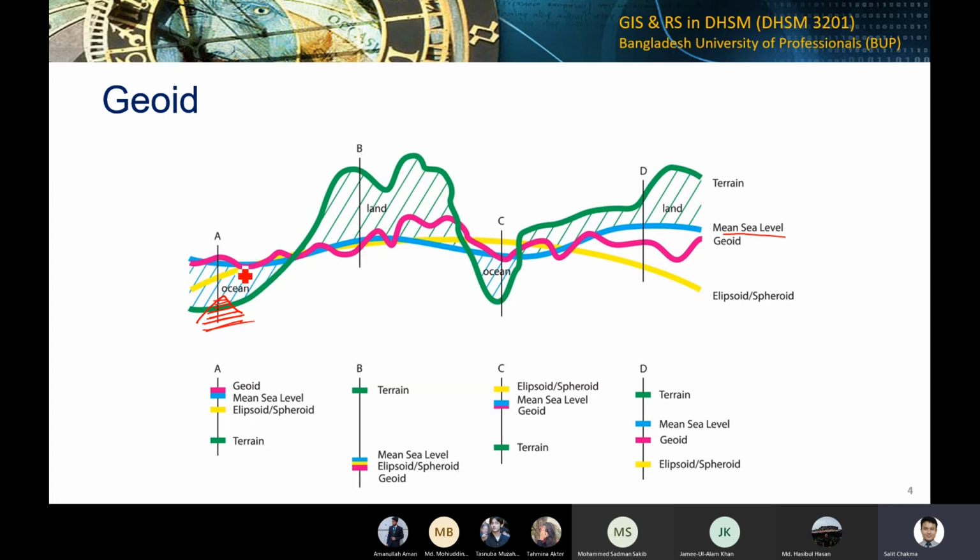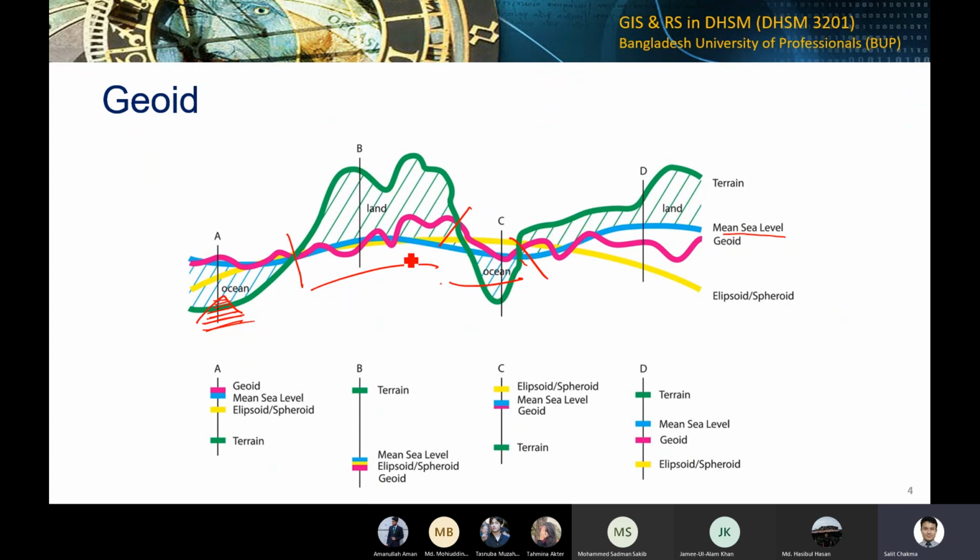And if you move from sea to the land, you will find that at the land, the shape of the geoid is even much more irregular. Look at these points and this, the ocean. This is very regular, whereas the land one is very much irregular if we compare these two.